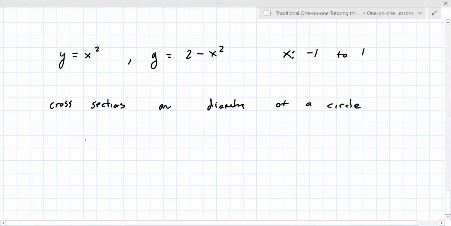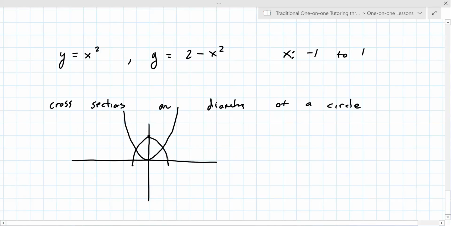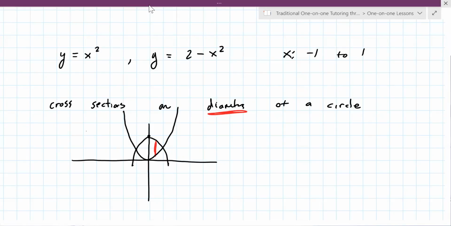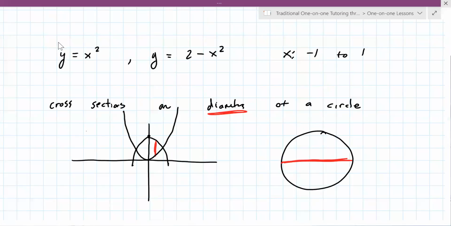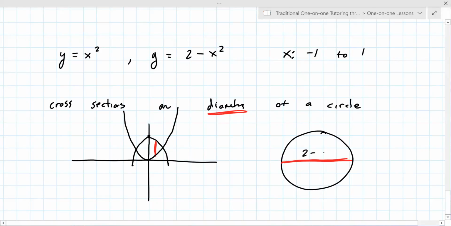All right, so I'm going to just jump in here and work this out. The diameter in this case is the difference, the top minus the bottom, which looks like it will end up being 2 minus 2x squared when you subtract them.